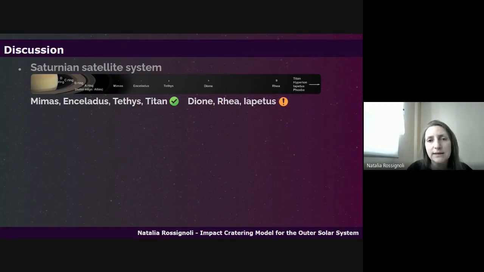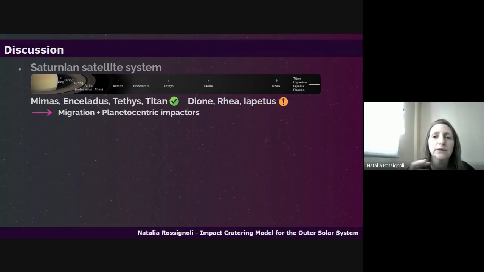So, to conclude and give a general discussion of what I have presented here, in the Saturnian satellite system, we find that our heliocentric model is able to explain the crater counts on the inner satellites, but in the outer satellites, we see that there is an underestimation by the heliocentric model, so the crater counts are more than the ones that we predict, and this could be related to different explanations or different reasons.